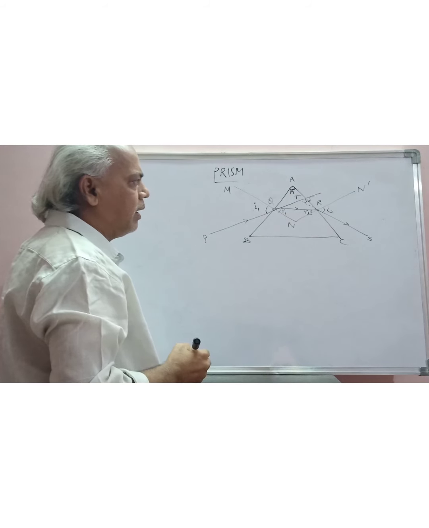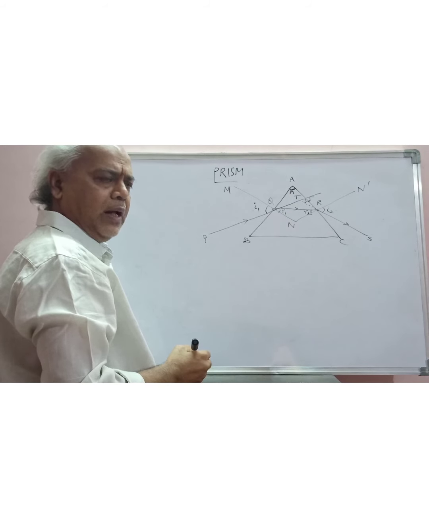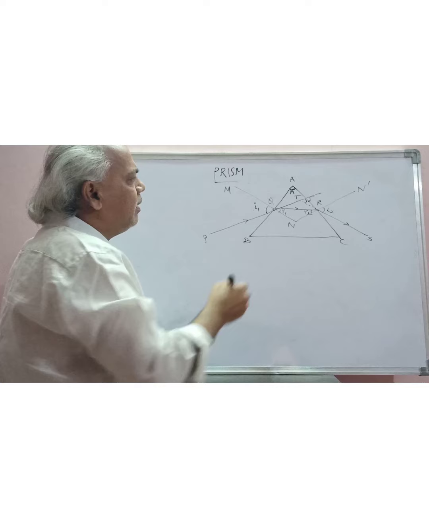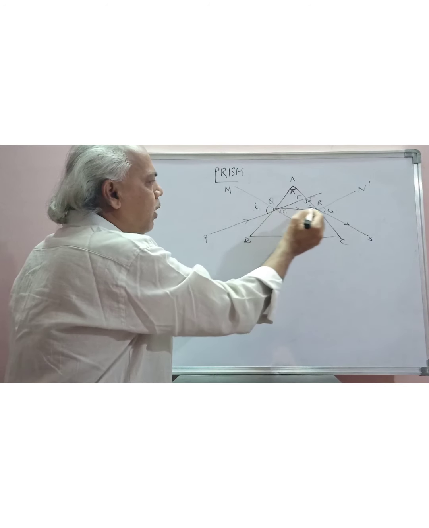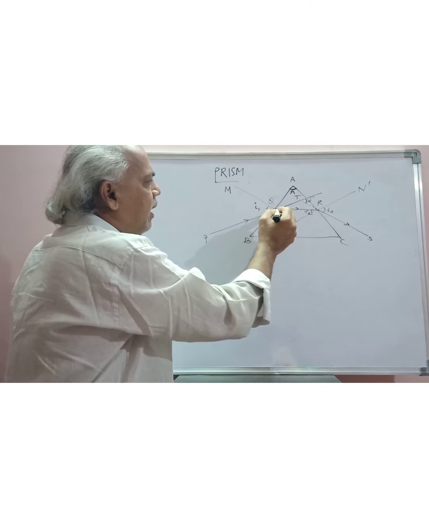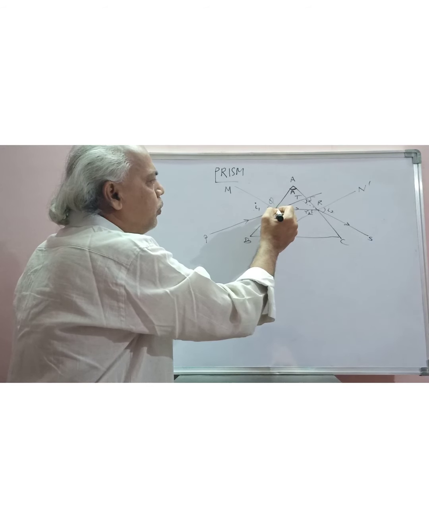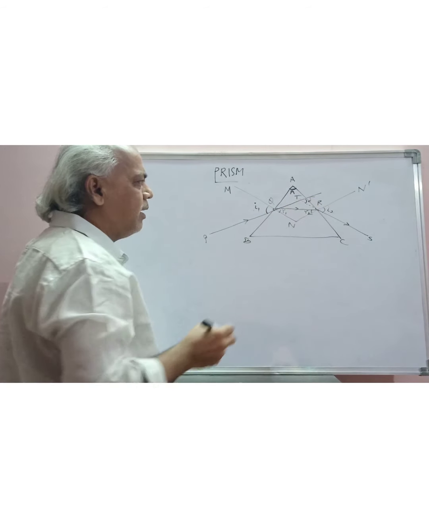Here AQNR is a quadrilateral in the diagram, QRN is one triangle, and QTR is another triangle.